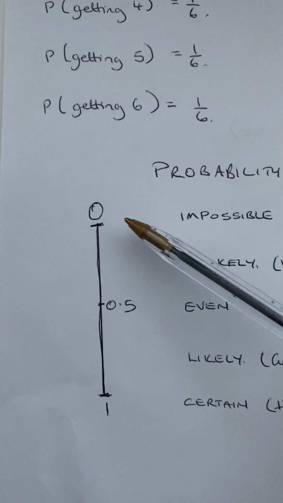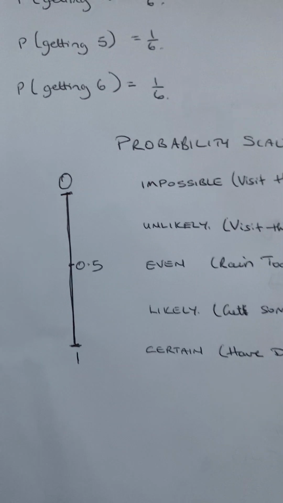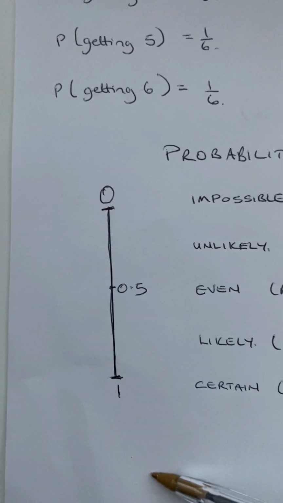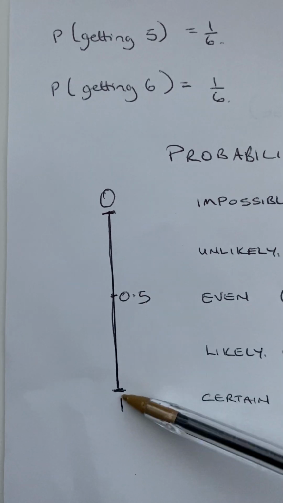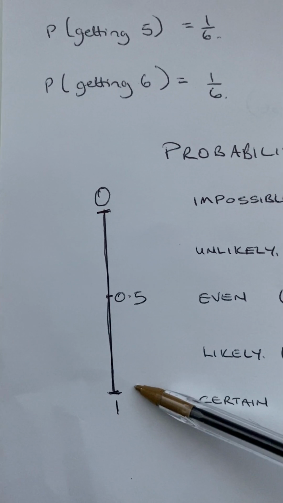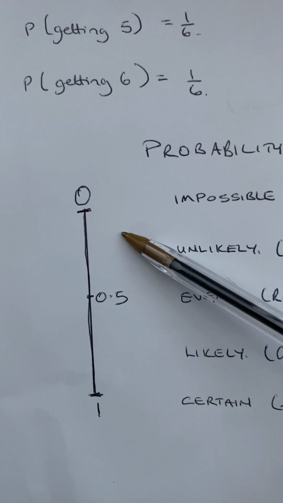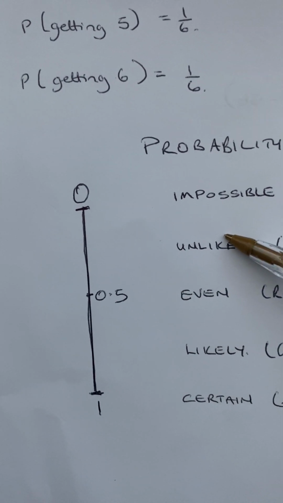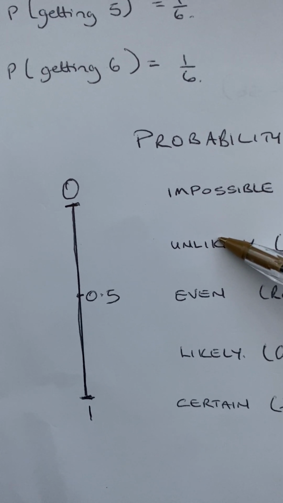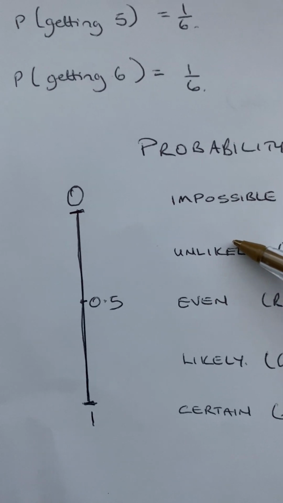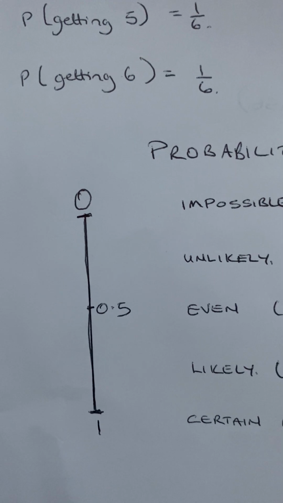So a probability answer cannot be negative 1.1, and it cannot be positive 10. It will always be in between 0 and 1. So you can get your answer as a decimal, as a fraction, or as a percentage, less than 100, depending on what they're asking you to do.